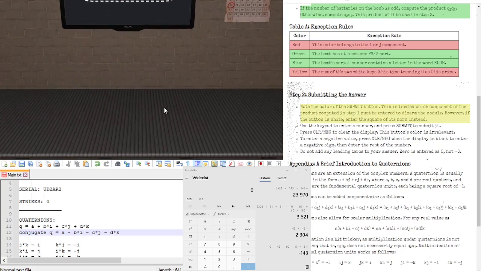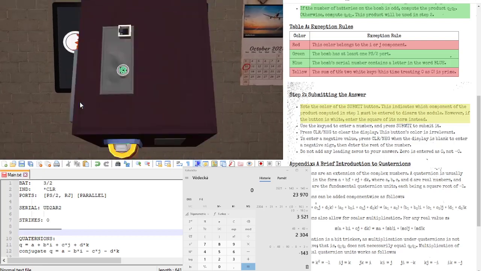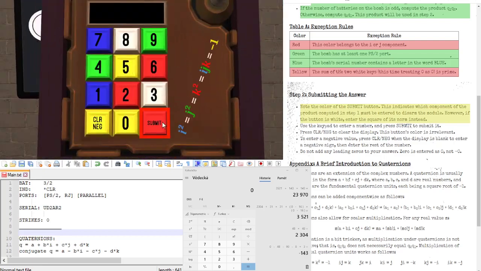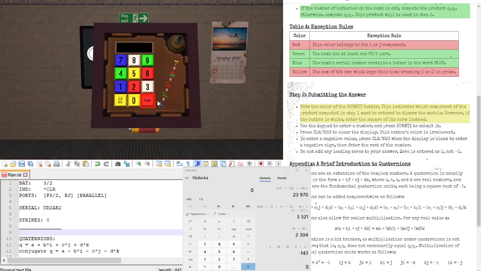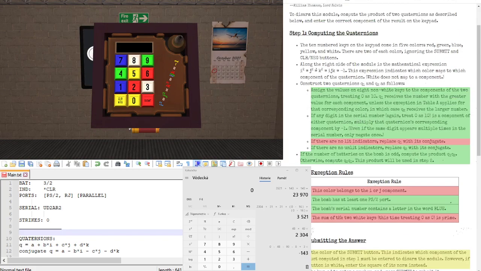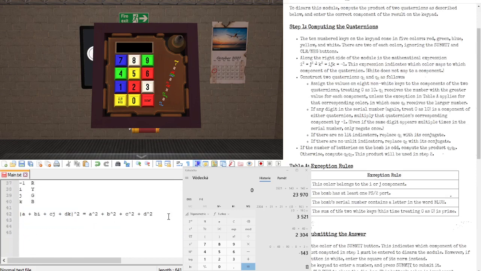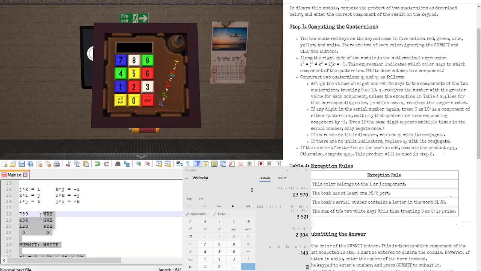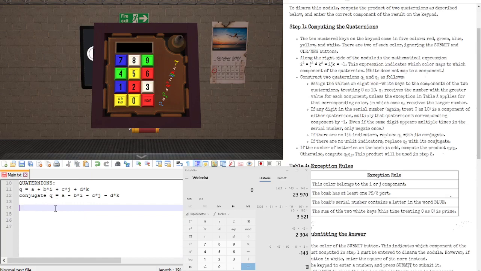So now we have a red submit button, and pay attention that the clear negation button has changed color as well, but it actually doesn't matter which color it is. So, okay, let's do this module again. I'll just quickly get rid of every single bit of this, I think, except this.